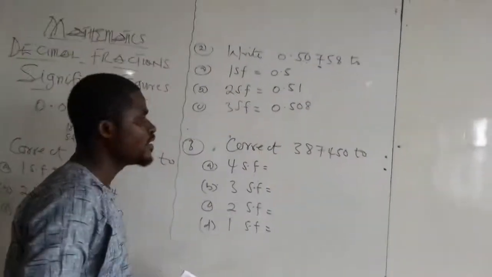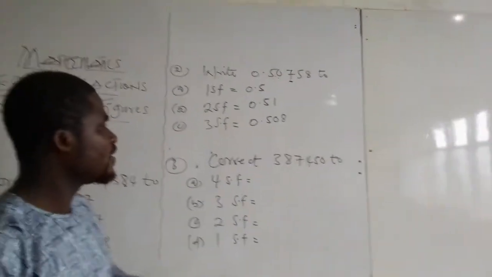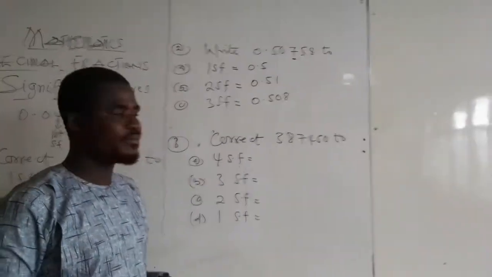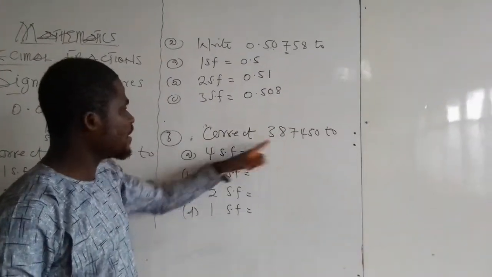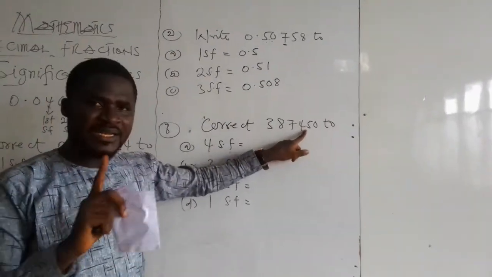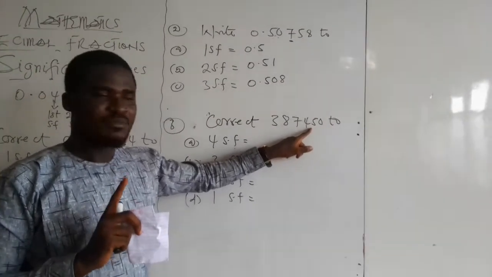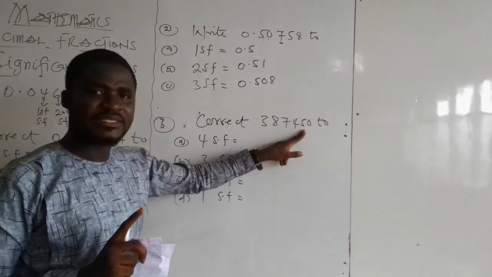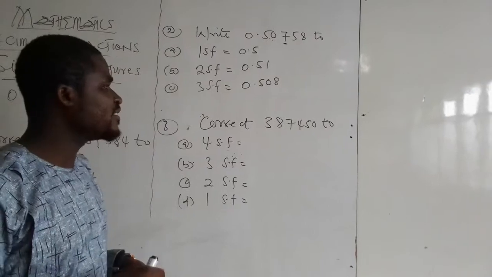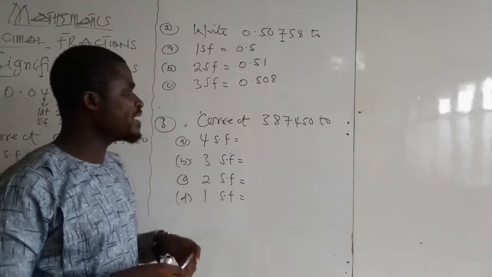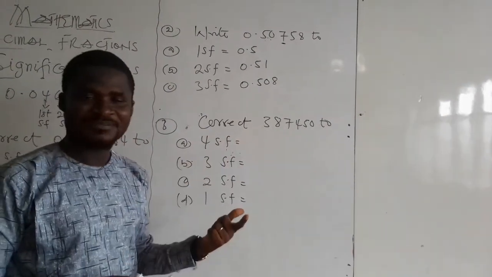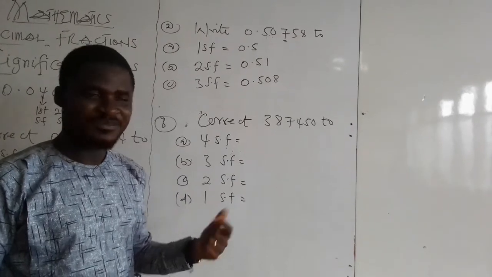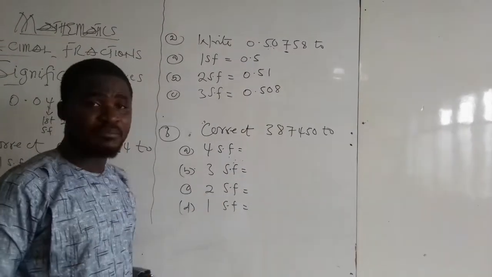Good. Now, check something here. You could see that the third example doesn't contain any decimal point. Because it doesn't contain any decimal point, we have to fill in the numbers to make the place value correct. So take note. So we are going to apply the same rule.